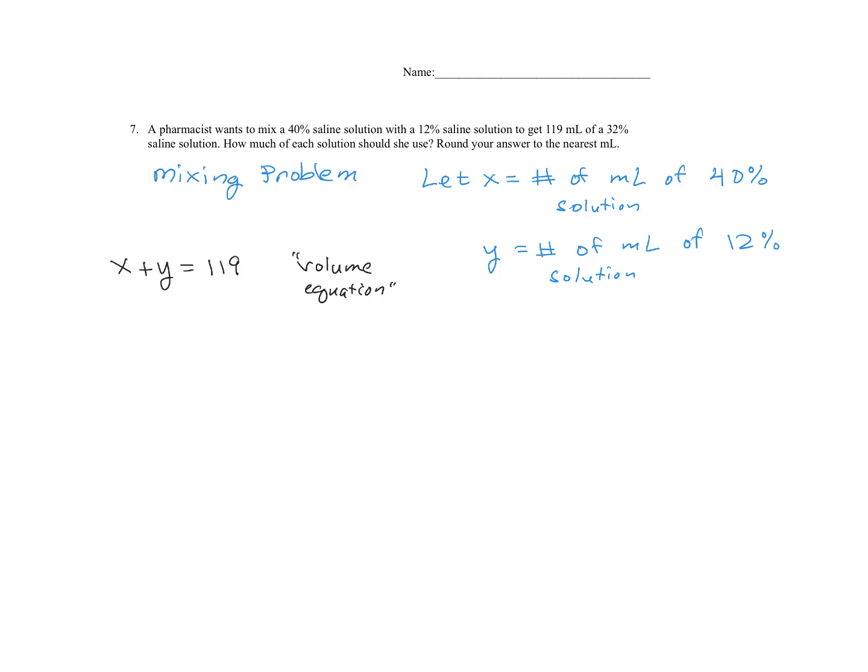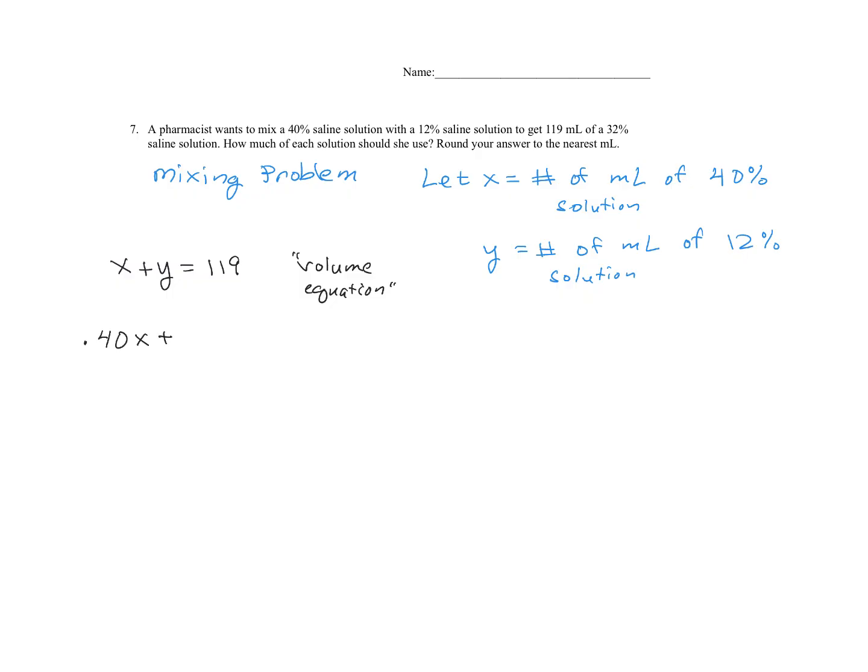The first one is a 40% saline solution, and to get 40% of something, you convert to a decimal and multiply. So that's 0.40 times x, which gives us the amount of saline in our mixture.